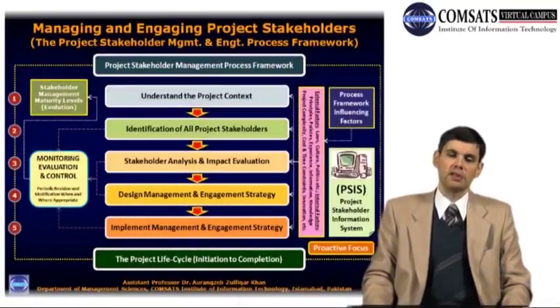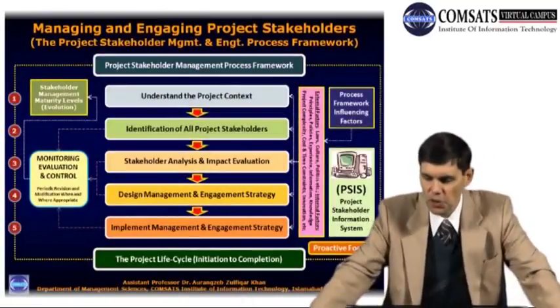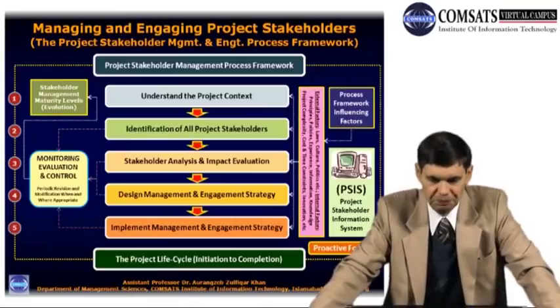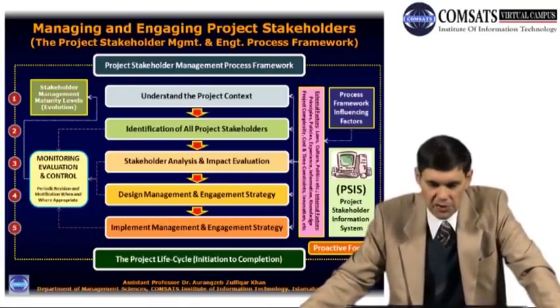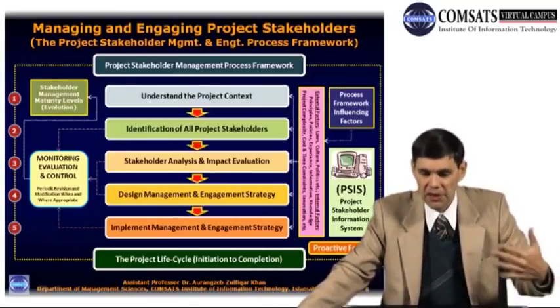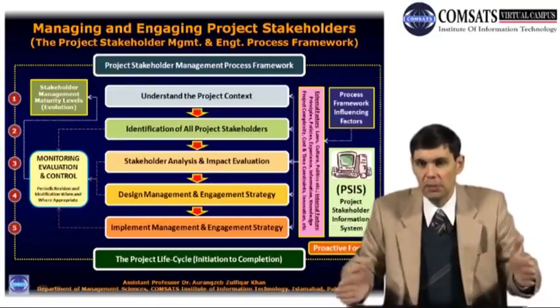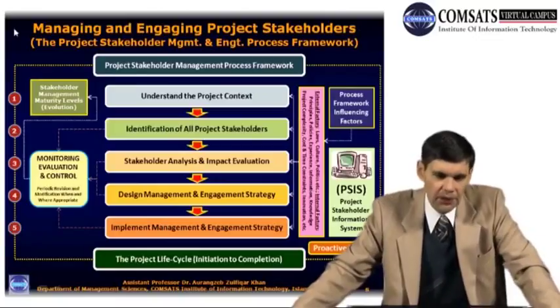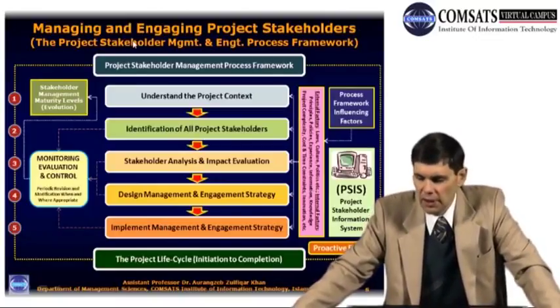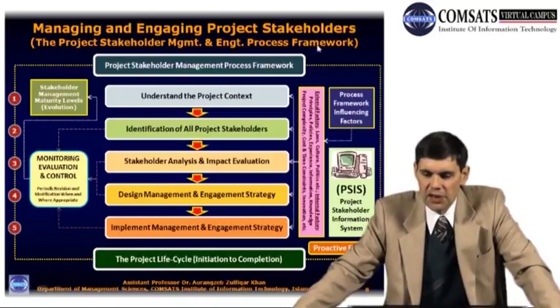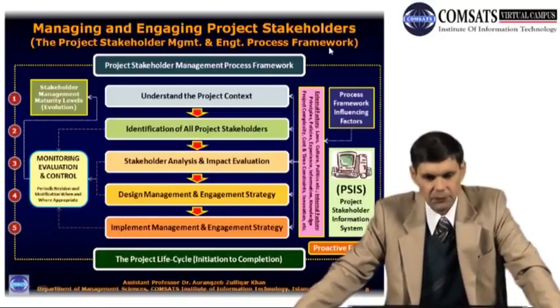And this is the slide which I have prepared for you here. Now, this is the third step, whereby, remember, the steps are not like 1, 2, 3, 4, but they are all steps which are in parallel with each other. The project stakeholder management and engagement process framework.